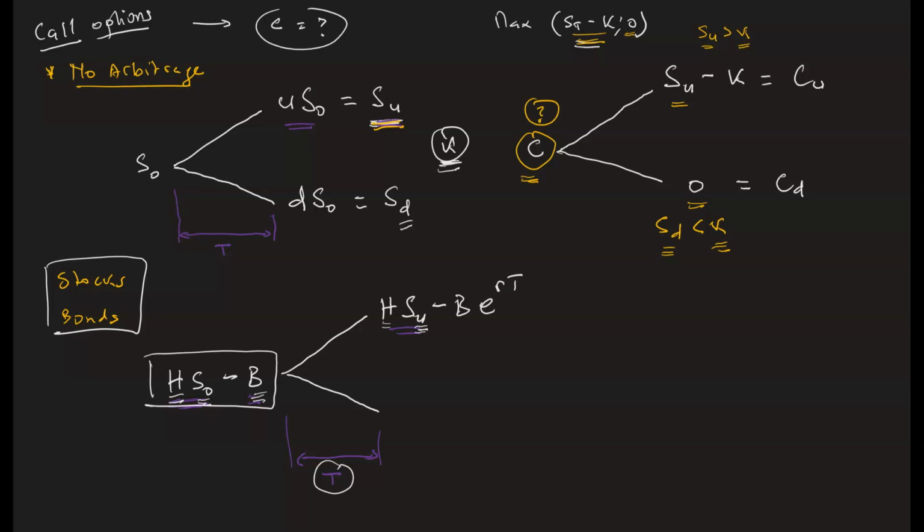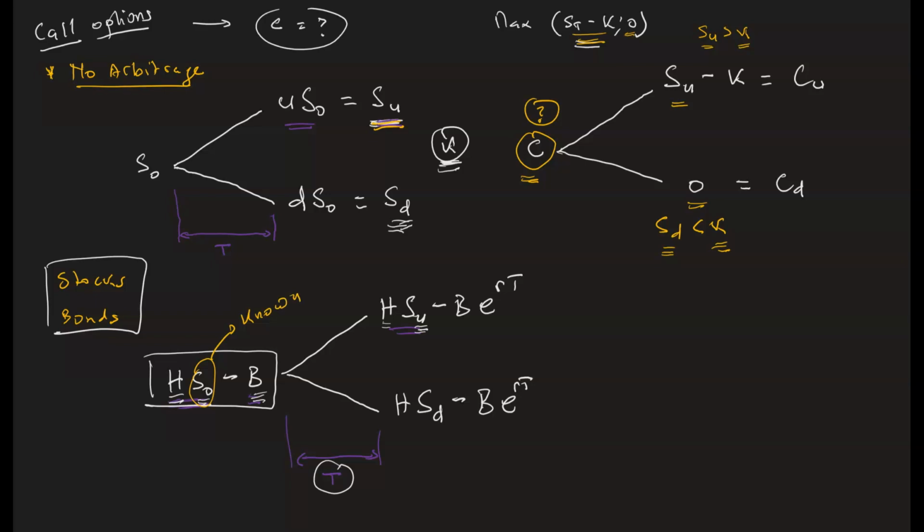If the stock price decreases, we have H stocks. Now the value is not S up, so that's going to be S down. And the value of the bond is going to be the same, minus B future value. Now the question is, we know what S0 is. That's the stock price today, so that is known.